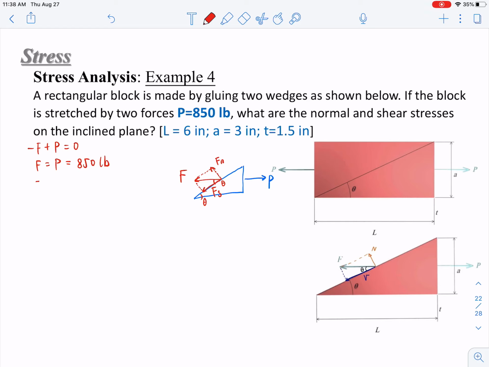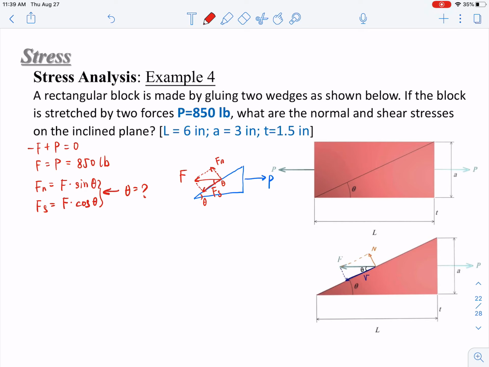Then Fn will be F times sine theta, and Fs will be F cosine theta. Now how about theta? We don't know the value of theta, so we need to determine theta first so that we can solve these two equations.